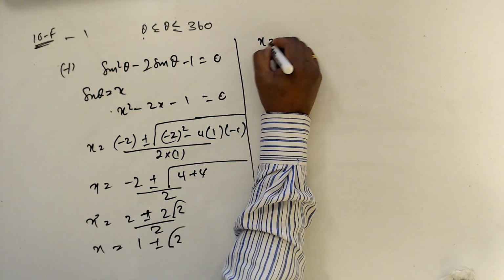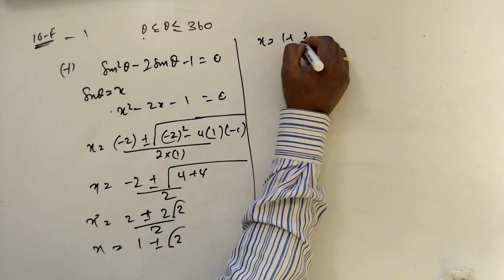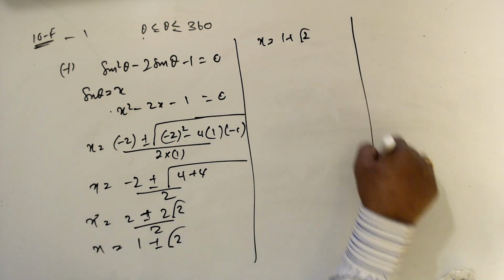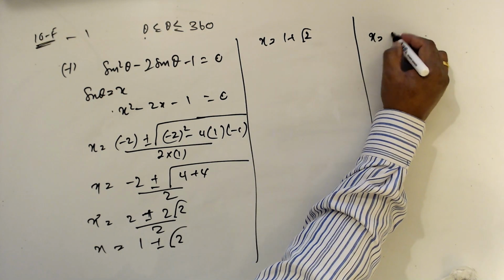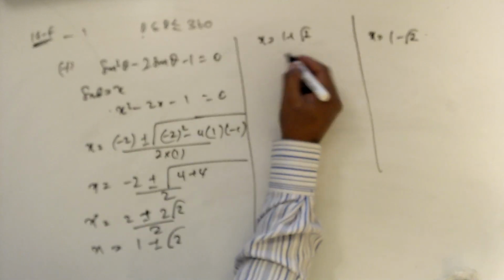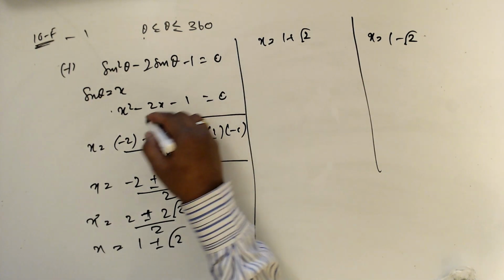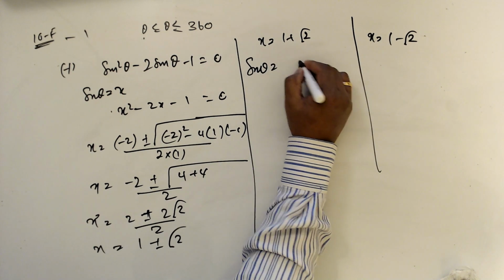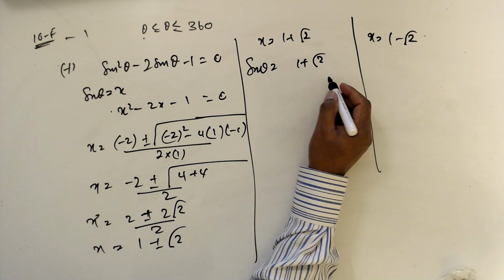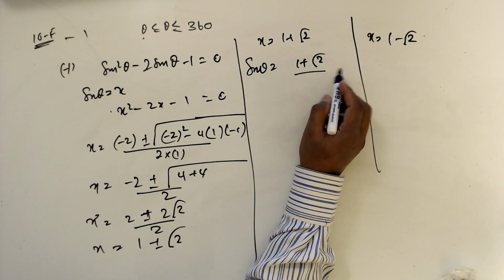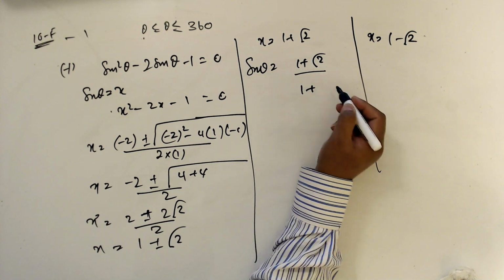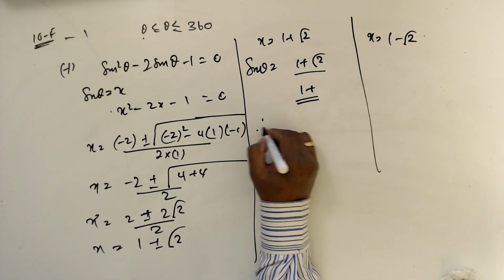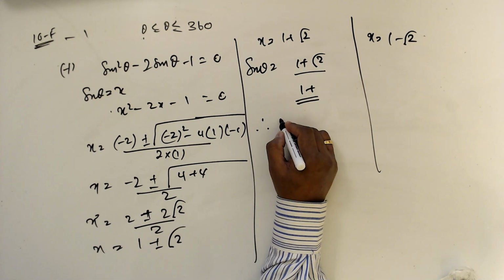One answer is x equals 1 plus square root 2 and the other is x equals 1 minus square root 2. So x means sin theta equals 1 plus square root 2. I can see that this is 1 plus, so hence there are no solutions.